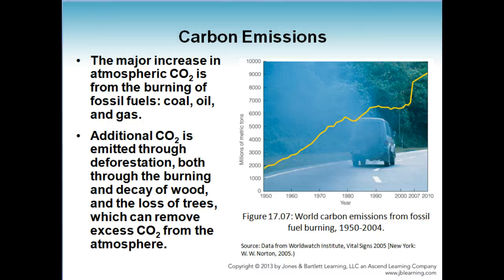Additional CO2 is emitted through deforestation, because if you lose your forest, then you're not taking CO2 out of the atmosphere, both through the burning and decay of wood and the loss of trees, which can remove excess CO2. This shows the emissions from fossil fuel burning from 1950 to 2004.